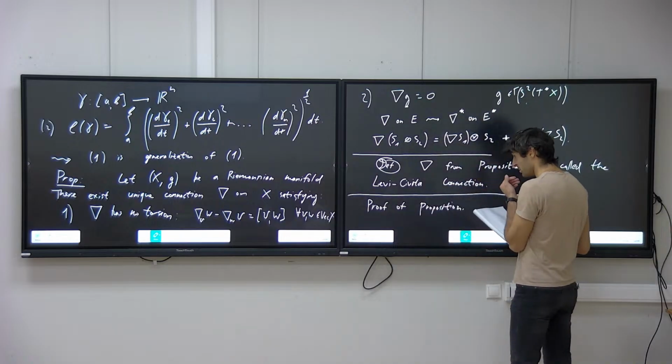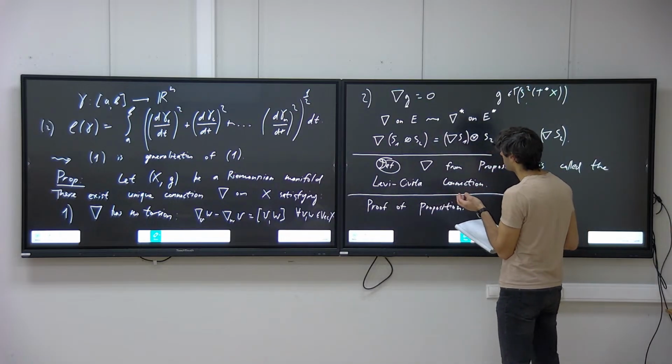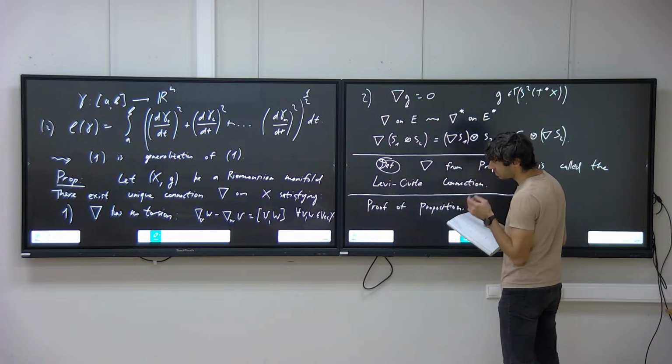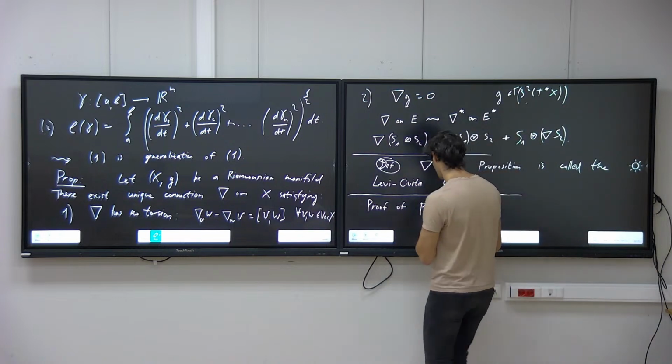All right, so I take my g and let me just expand it.